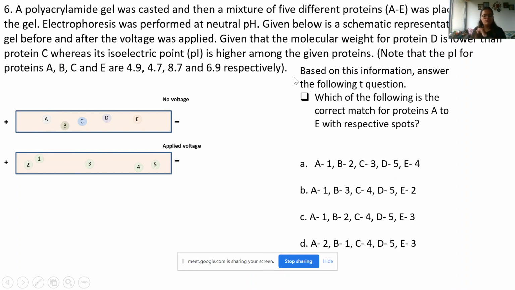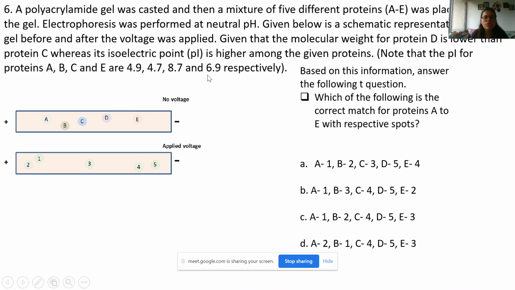So what information do we have? For proteins A, B, C and E, the pI isoelectric points are given as 4.9, 4.7, 8.7, and 6.9. Another piece of information is that electrophoresis was performed at neutral pH. This is very important information.